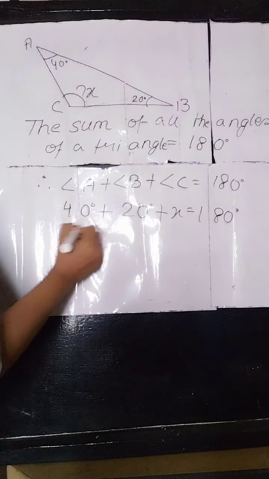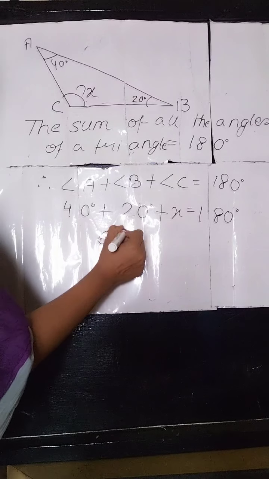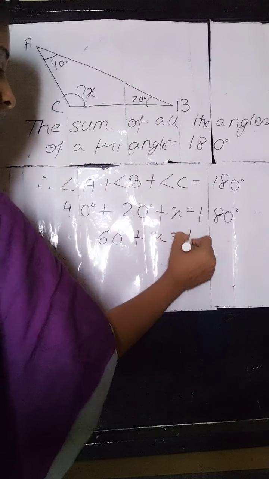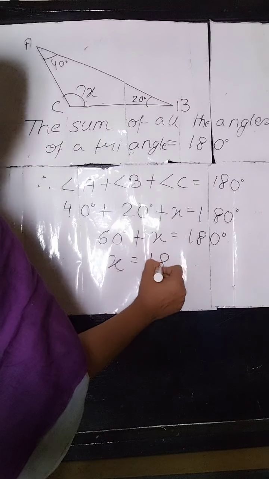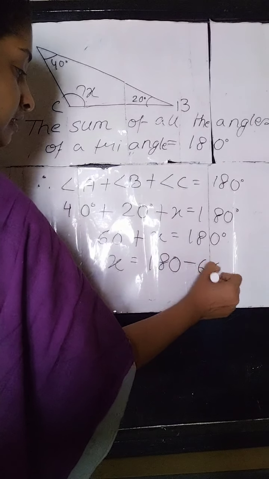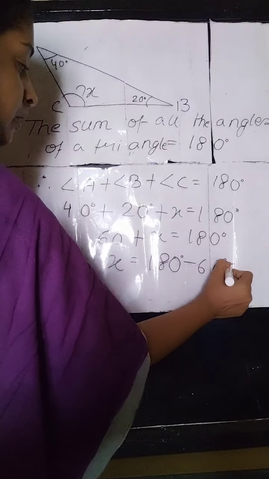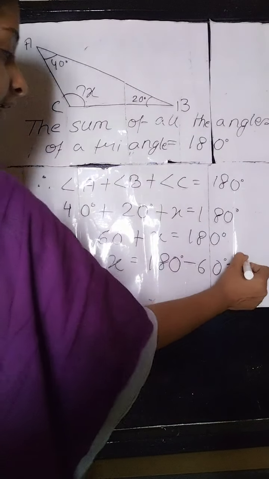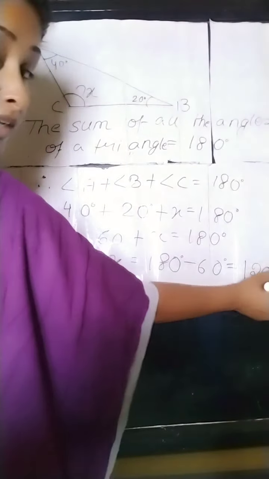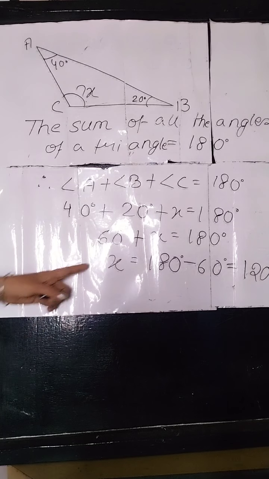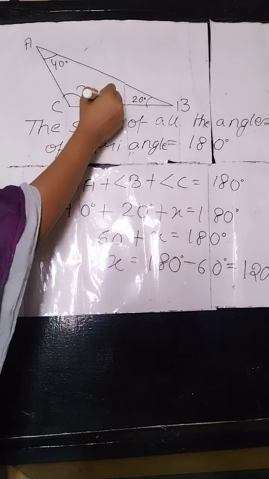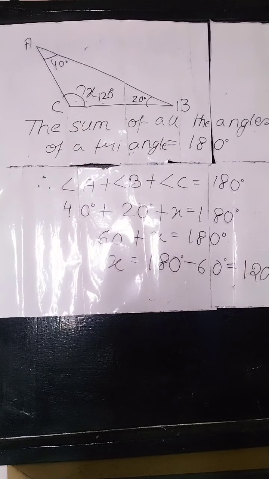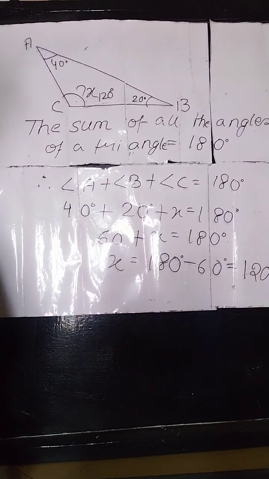Therefore, you add angle A and angle B, you get 60 degree plus x equals 180 degree, or x equals 180 degree minus 60 degree, which is equal to 120 degree. That is the value of the missing angle, the third angle, 120 degree. In this way, you are going to solve the sums.